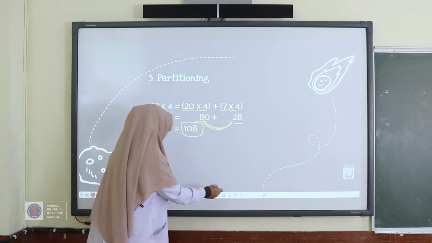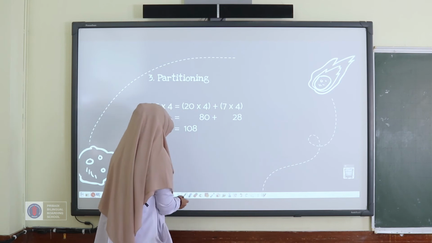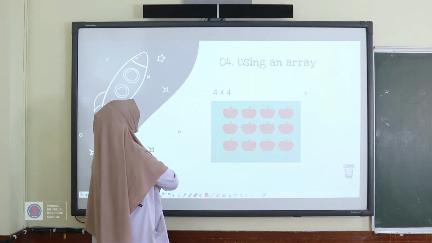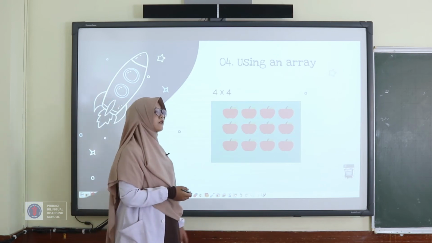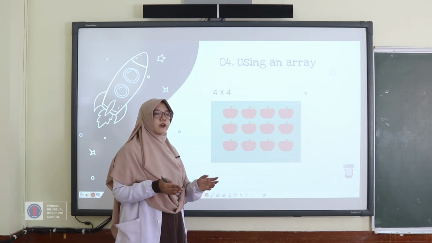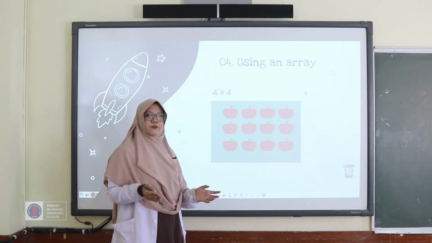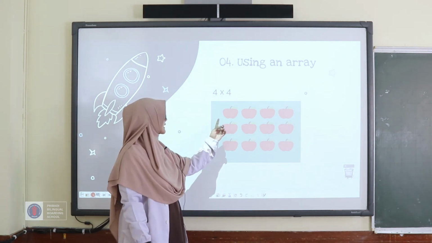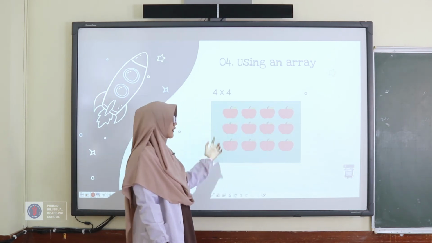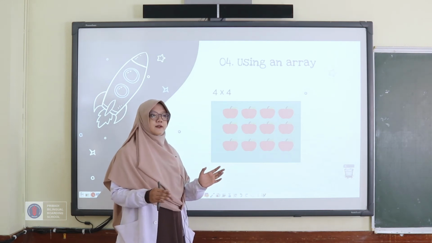Another thing you can do is use an array, but it's not really recommended since we have a large number. When we have 27 multiplied by 4, you need to make 27 in the row and 4 in the column. It's going to be so exhausting.